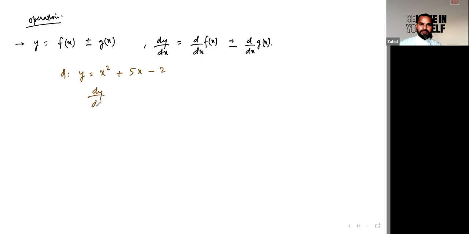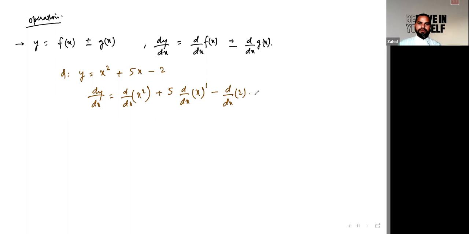So on differentiating, dy/dx, first is the differentiation of x square. Second, 5 being constant, take it outside as a coefficient, and you differentiate x raised to 1. And next is just 2, which is a constant term.